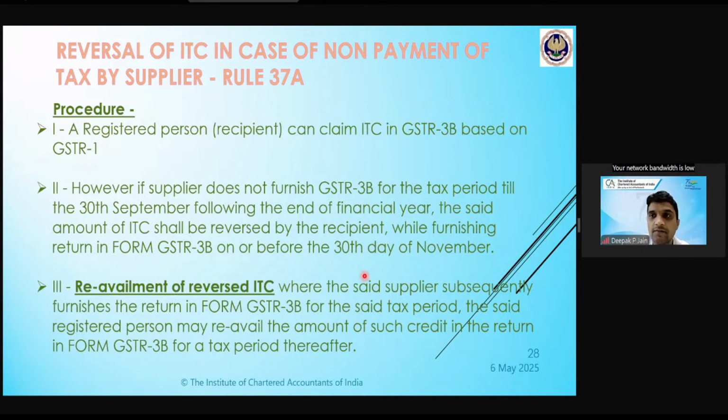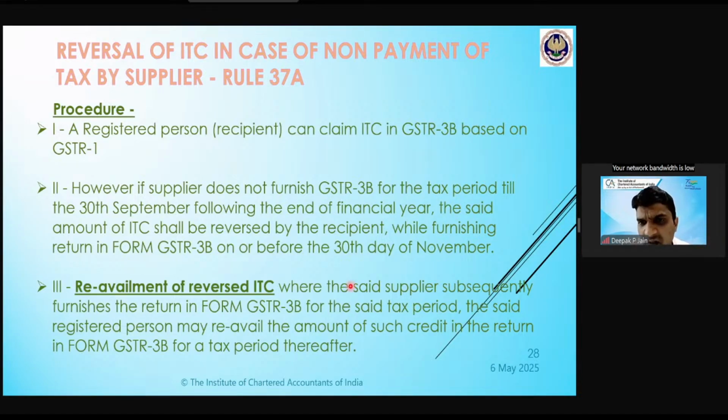Yes, by the 20th. Okay. So these are the 6 conditions.